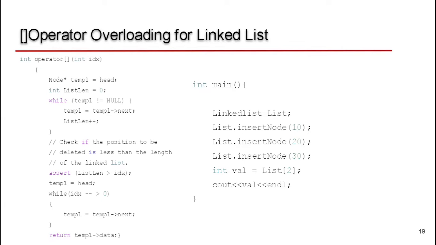This is operator overloading for linked list. This is another example. In linked list, do you remember, if we want to access an item, if you go back to the complete code of linked list, you specify the index and make a method called read item.